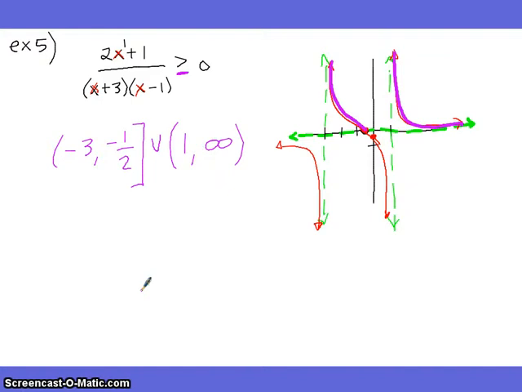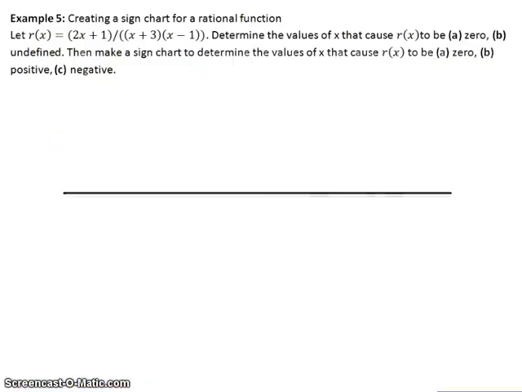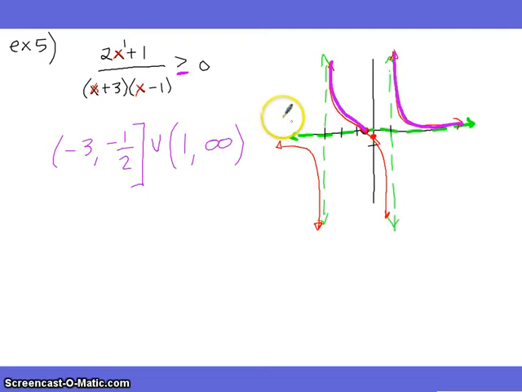So to address the previous slide that I didn't really like, what it asks for is to determine where we're at 0 and undefined. We're looking for where we're at 0 and undefined because where we're undefined, that marks a vertical asymptote, and where we're at 0, so the vertical asymptotes and the zeros mark the boundary where we can go from positive to negative on a graph, essentially.